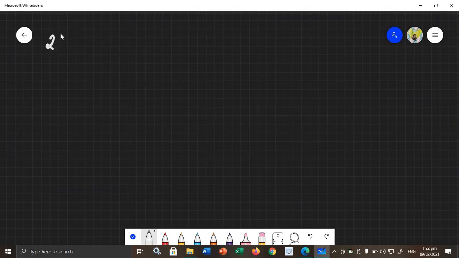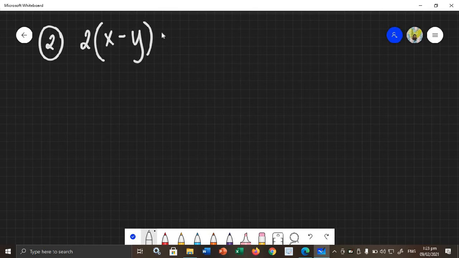So, let's say we have this linear equation. So, we have 2 times quantity x minus y equals 4. So, as you can see, meron tayong parentheses dito sa ating linear equation.